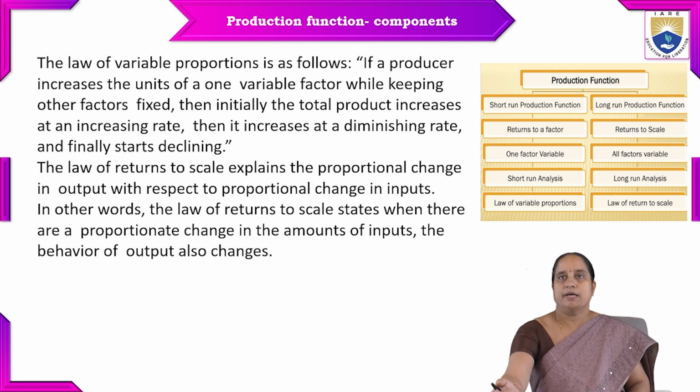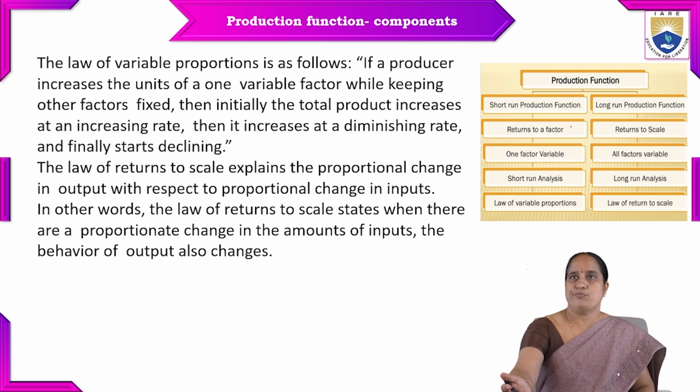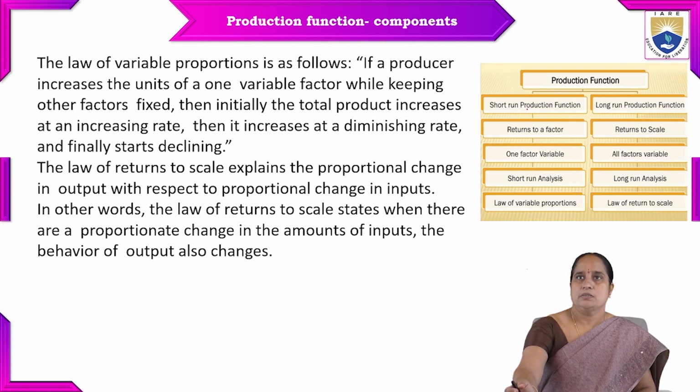If you see this diagram, the production function is divided into two types: short run and long run production function. In the short run, we have returns to a factor, whereas here we are talking about returns to scale. Under the short run production function, we consider one factor as variable and the other factors kept constant.